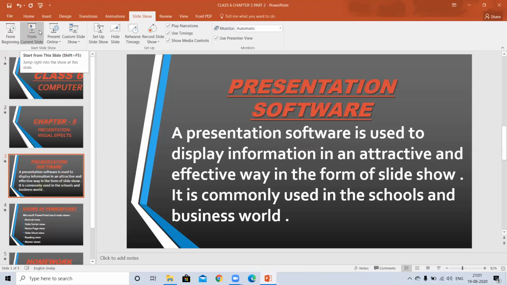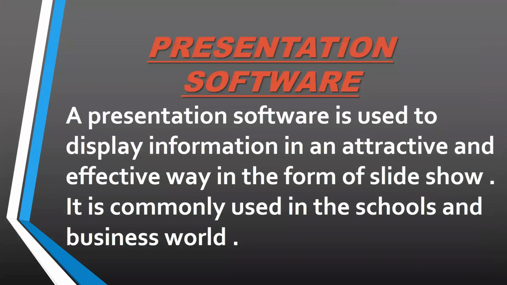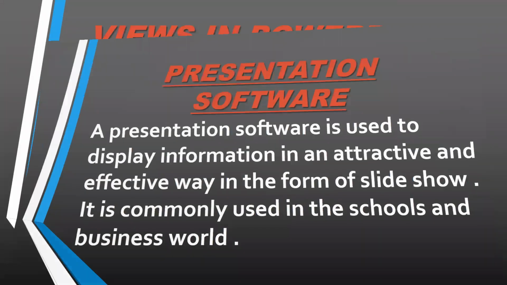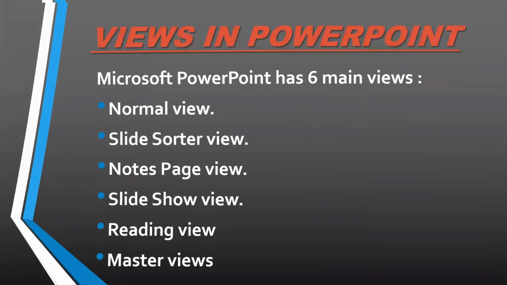There is an F5 button. If you press that, it will show you the slideshow in the same way. Okay, and in this way I explained all these views. And one more way you can display your slideshow is this button.